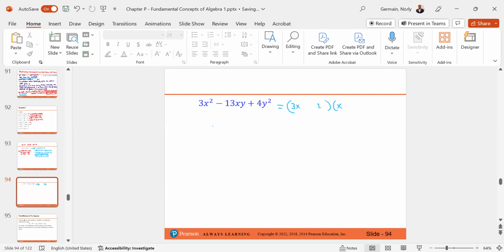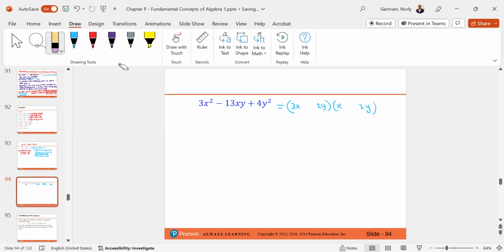For example, if I put 2y here and 2y here, because we see the term in the middle right here is negative, we know our sign in the middle must be negative. Now, let's see if this product plus that product would give you negative 13.